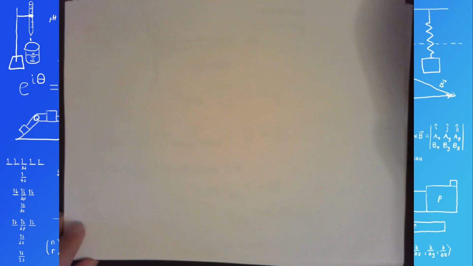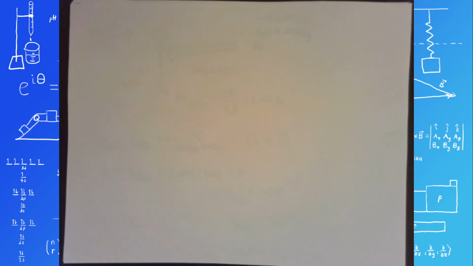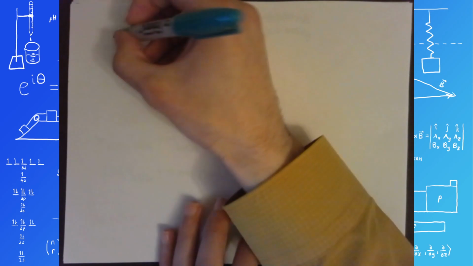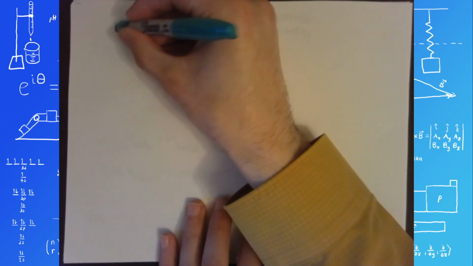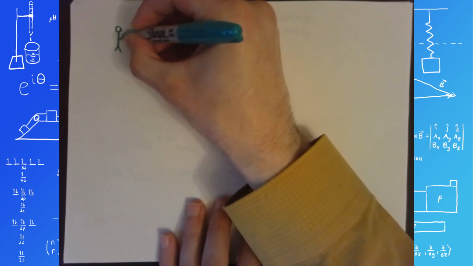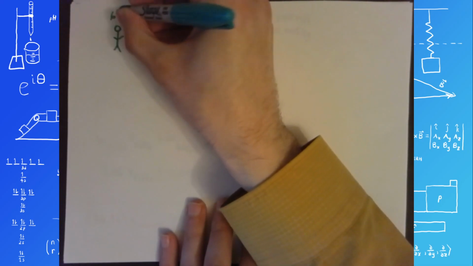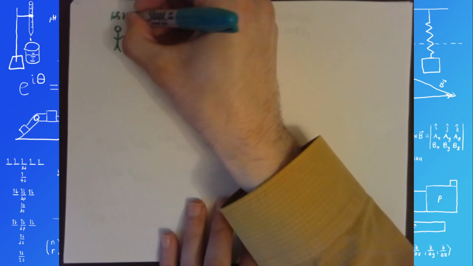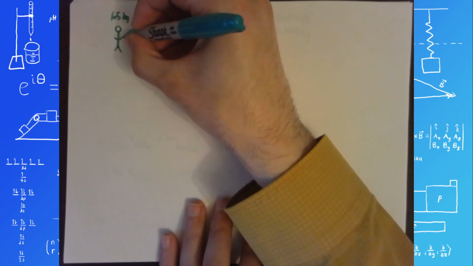So let's go ahead and start drawing up what we have. So 65 kilogram person holding a snowball.